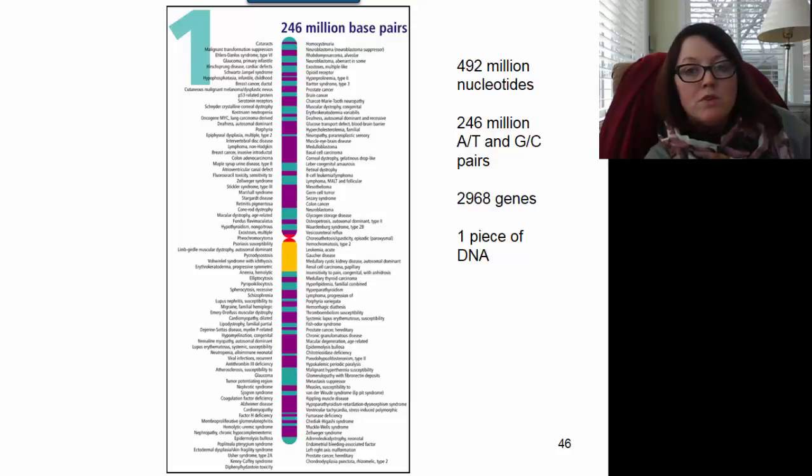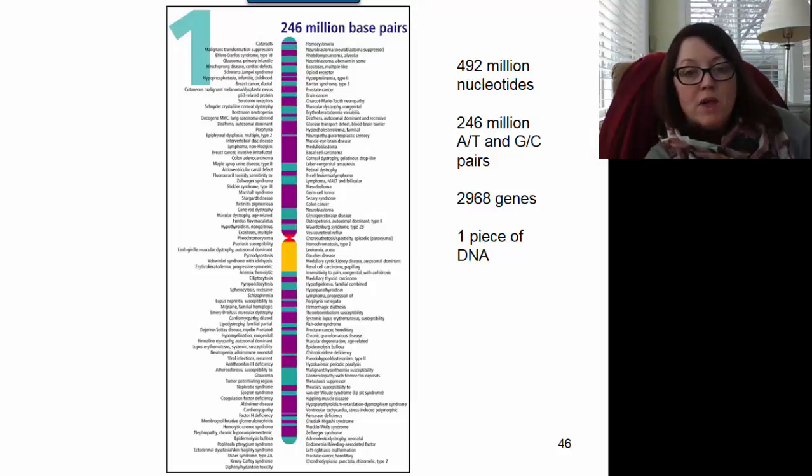So chromosome number 1 has 492 million nucleotides. It has 2,968 genes, right? So almost 3,000 genes on just this one chromosome. And don't forget, one chromosome is really just one piece of DNA, right?